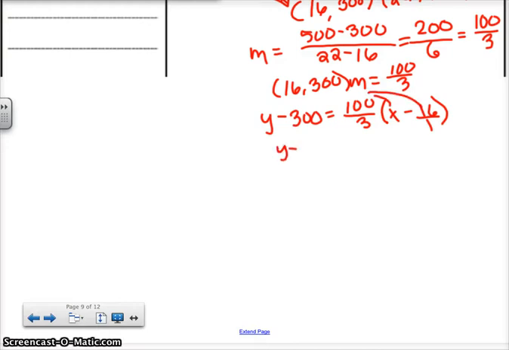So I get y minus 300, show your distribution rainbow, is equal to 100 thirds x minus 1 top times top. 100 times 16 is 1600 over bottom times bottom, 3.